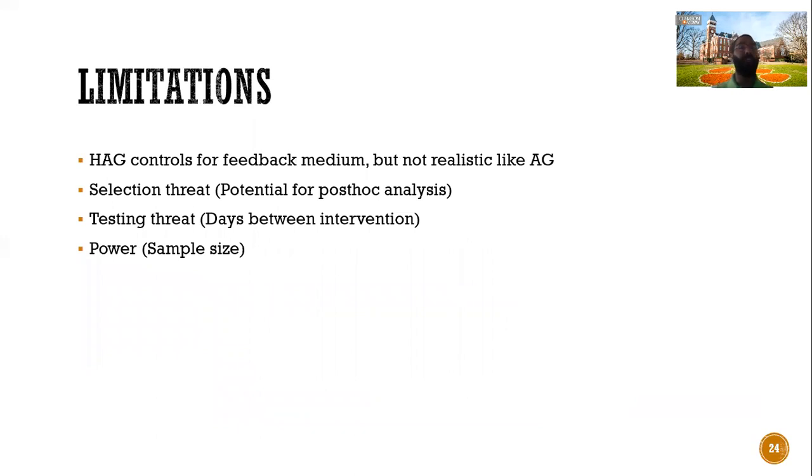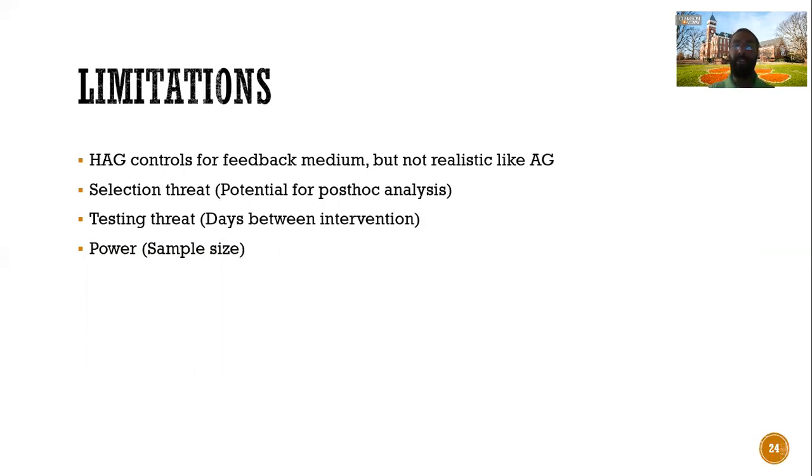Limitations: this human autograder does control for feedback medium, but it's not as realistic as an autograder. So replicating the study with an actual autograder would be interesting to see. Also, selection threat: although we did completely randomize the sections in which treatment or control you did receive, the individual students were not randomized.